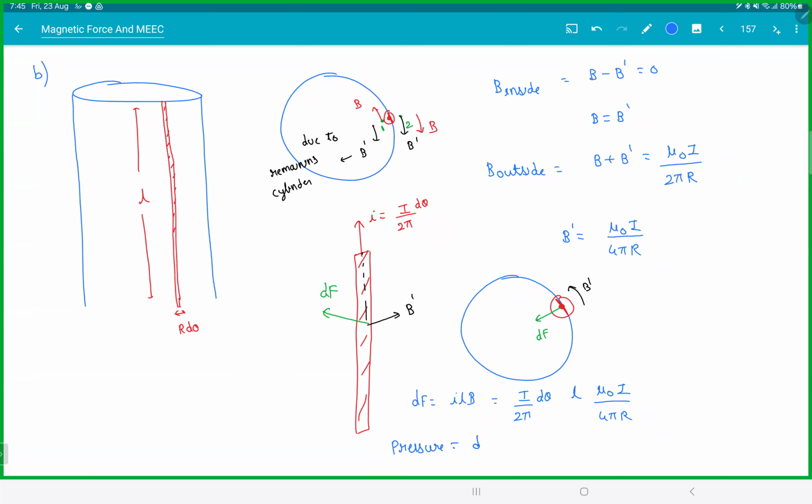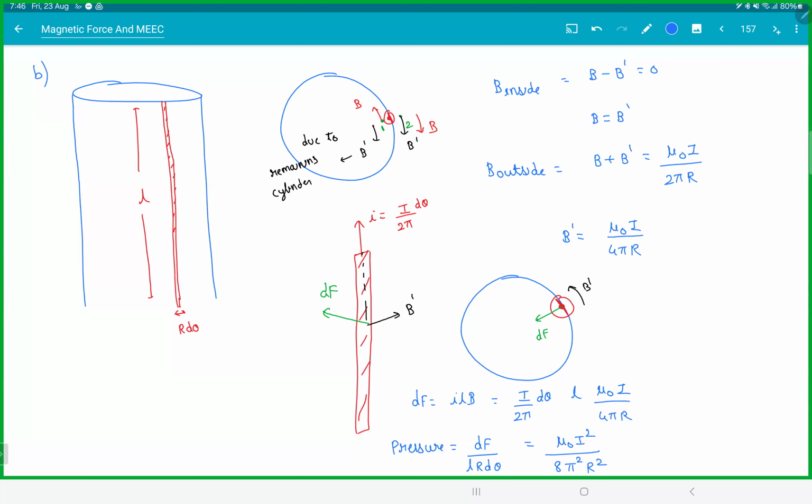Pressure will be force by area. dF by, and what is the area? L into r d theta. So if you just shift everything there, L into r d theta, I end up with mu naught I square by 8 pi square r square.